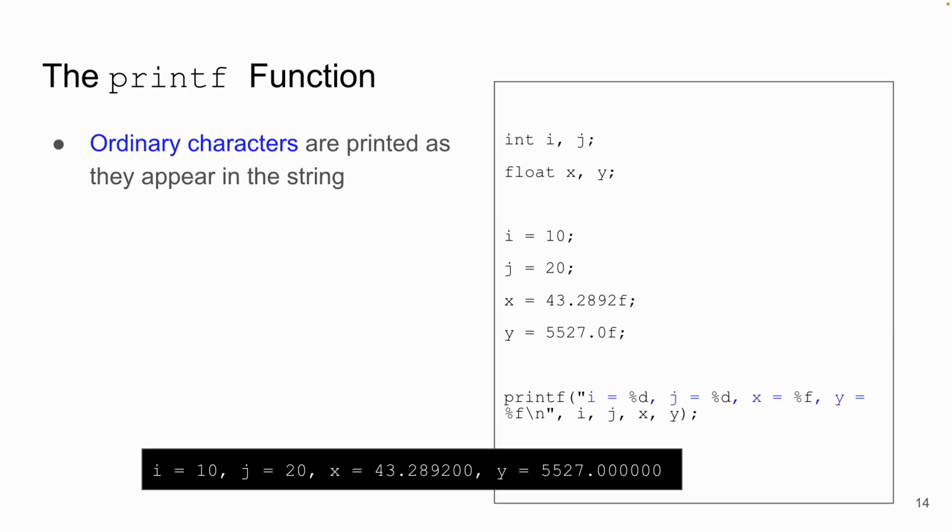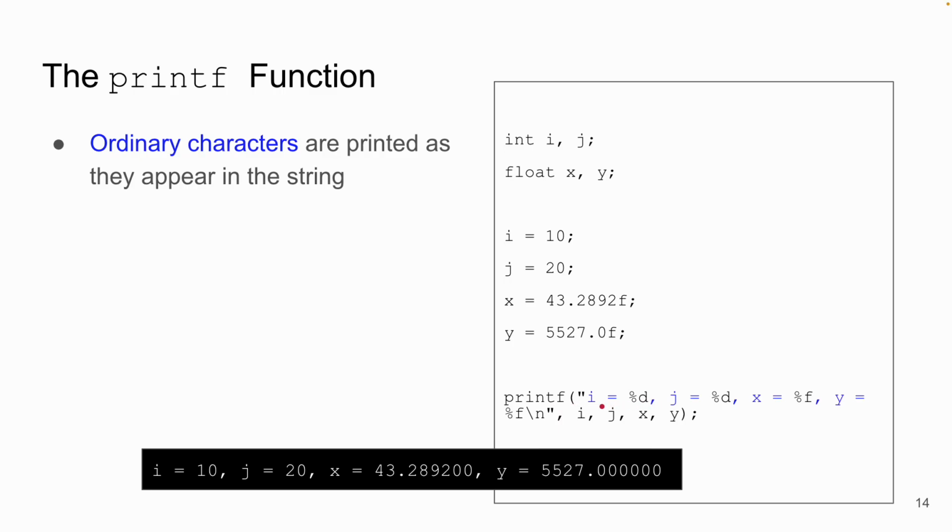So now let's check out the other kind of character we can have in the format string for the printf. The ordinary character is a simple one because ordinary characters will be printed as they appear in the string. So if the format string in this printf looks like this one, what this program wants to do is that I declare a bunch of different integer and float variables, and I assign different values to them, and I use this printf to print out the values from all the variables I have.